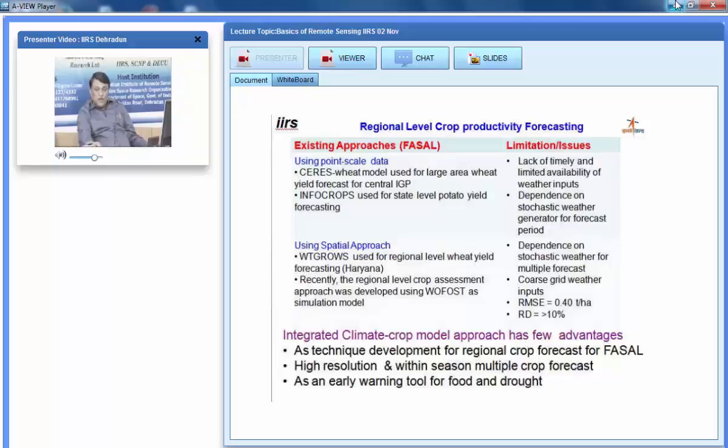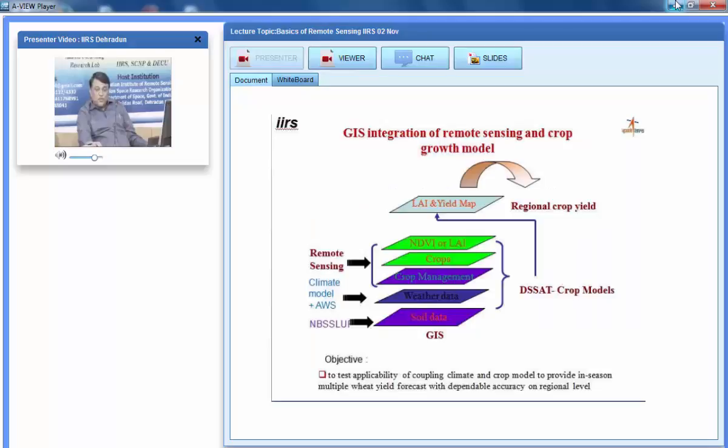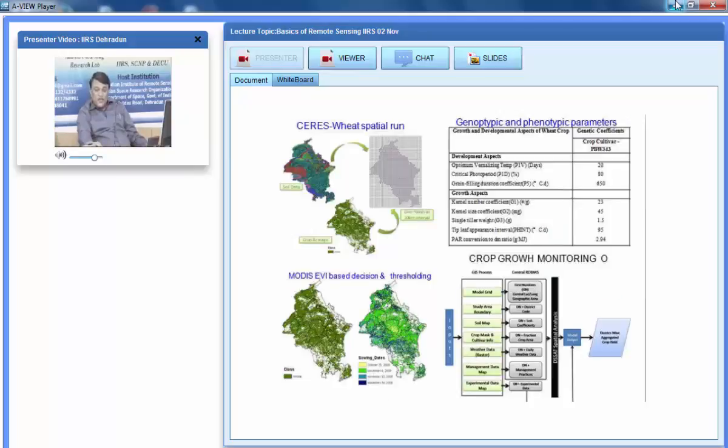So here is one case study we have done where we have tried to use climate model forecast and AWS data, along with climate model simulated forecast for the remainder period of the forecast, and then soil map and remote sensing. For the Haryana and Punjab region, for every 10-kilometer grid, we have created a database of sowing time, initial sowing time, crop coverage, genetic coefficients, and management conditions.